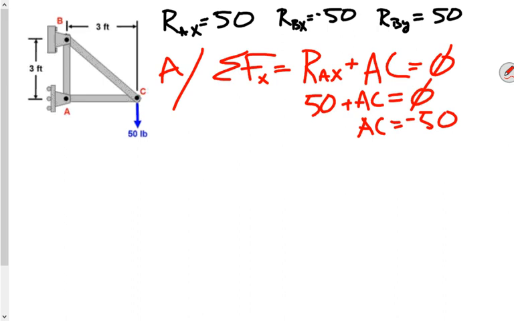Okay? All right, so then we go in the Y direction. Sum of the forces in the Y direction. Give me the forces we see in the Y direction at A. There's only AB. So the only force we see is AB here.